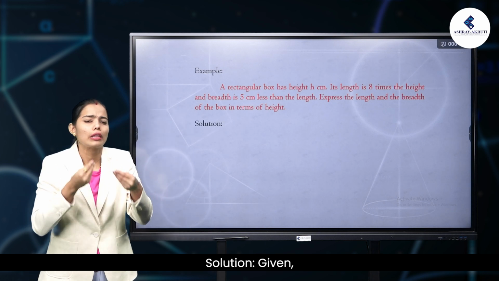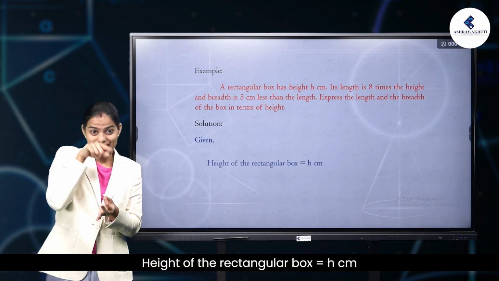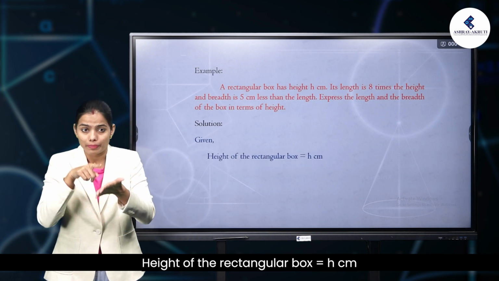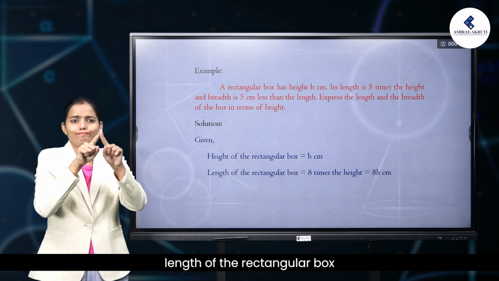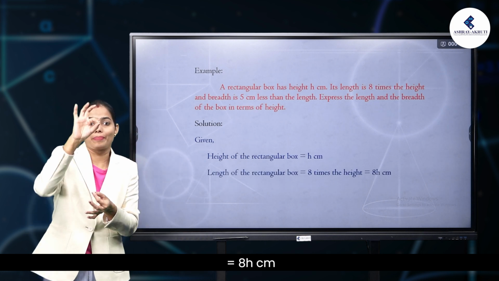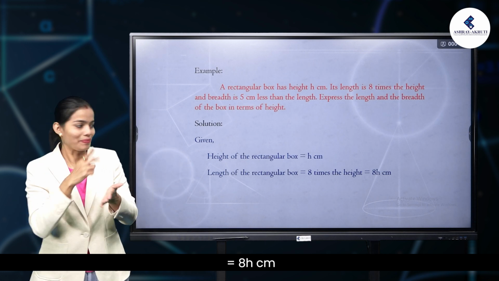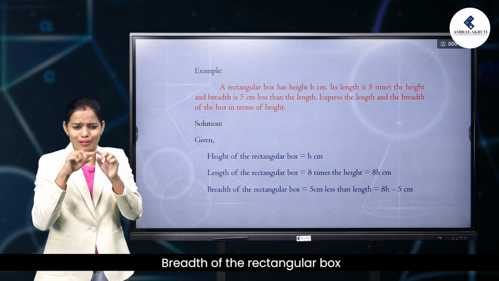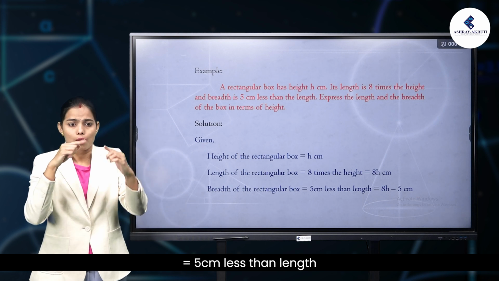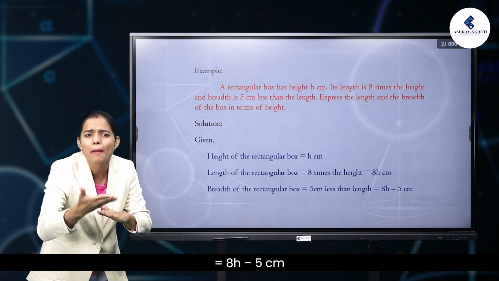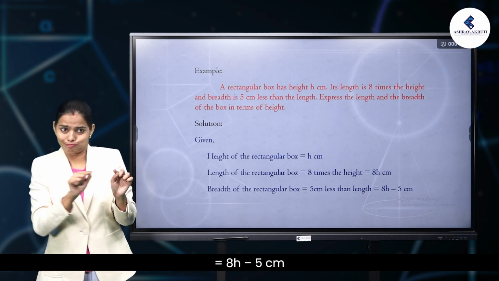Solution: given, height of the rectangular box is equal to 8 cm. Length of the rectangular box is equal to 8 times the height is equal to 8h cm. Breadth of the rectangular box is equal to 5 cm less than length is equal to 8h minus 5 cm.